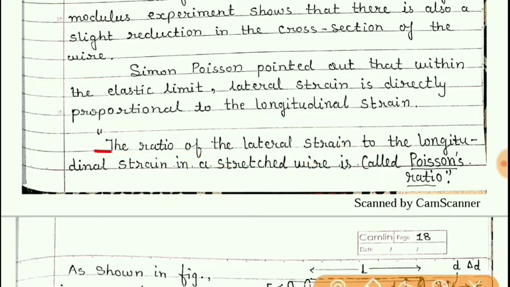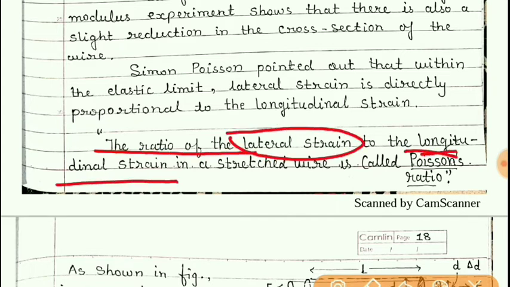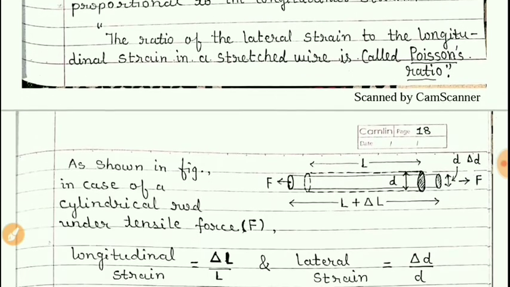So once again, the ratio of the lateral strain to the longitudinal strain in a stretched wire is called Poisson's ratio.